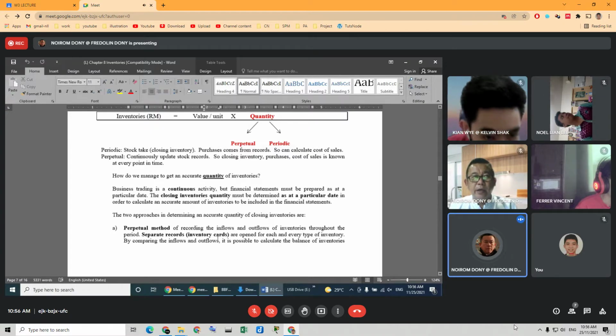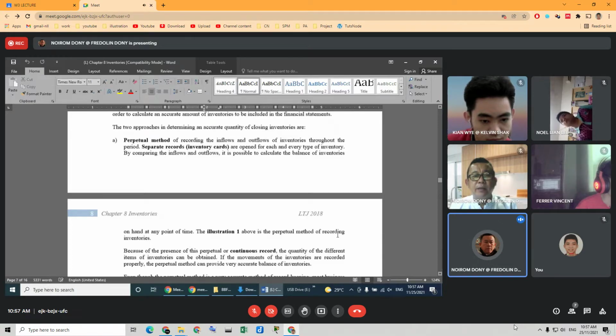The inventory card we are referring with the bin card, are open for each and every type of inventory. So if you have A, B, C, D, so you have bin card A, bin card B, or stock ledger card A, stock ledger card B. Okay, by comparing the inflow and outflow, it is possible to calculate the balance of inventory on hand at any point of time.